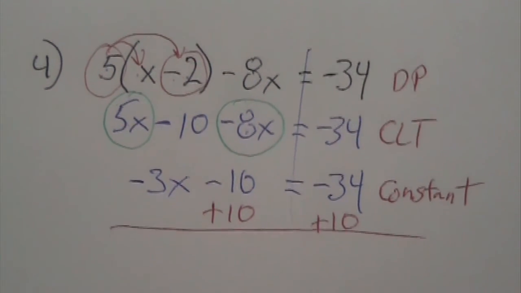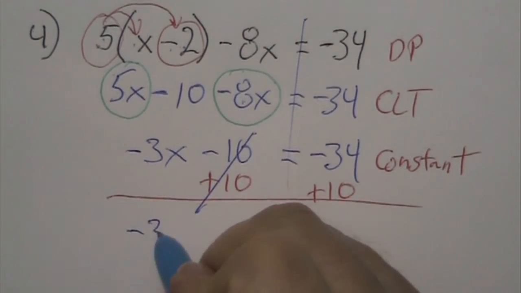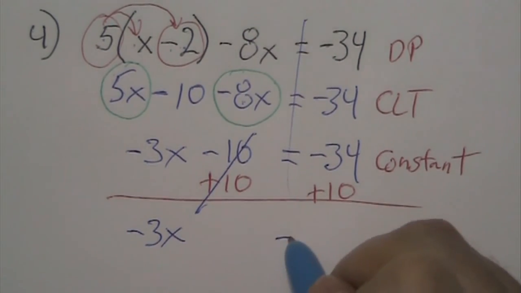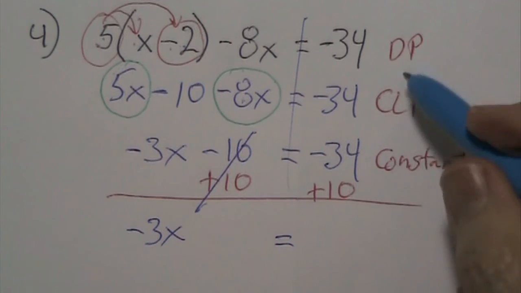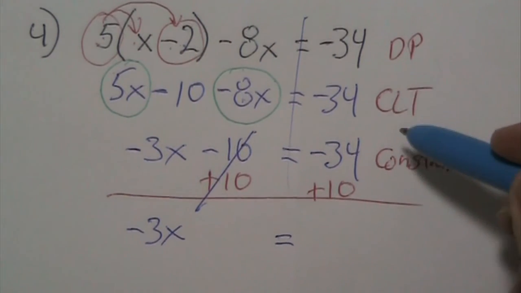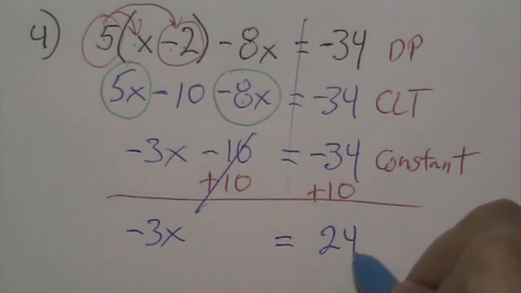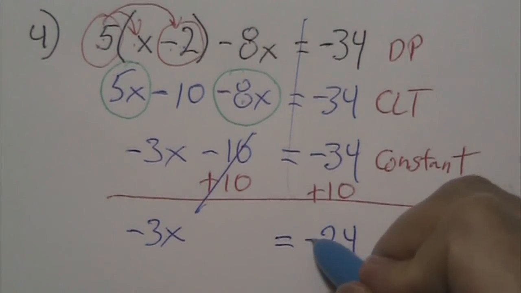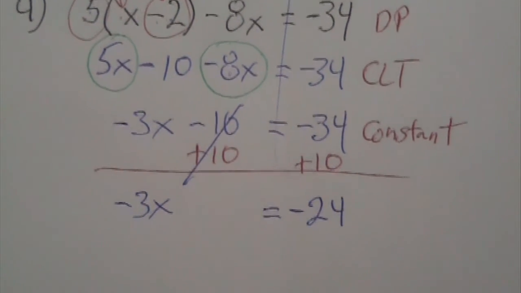You have to be fair. That's 0. Negative 3x equals, and on the right side, negative 34 and 10. They're different signs, so subtract. 34 take away 10 is 24. But there's more negative, so put negative in there. It's negative 24. All right?